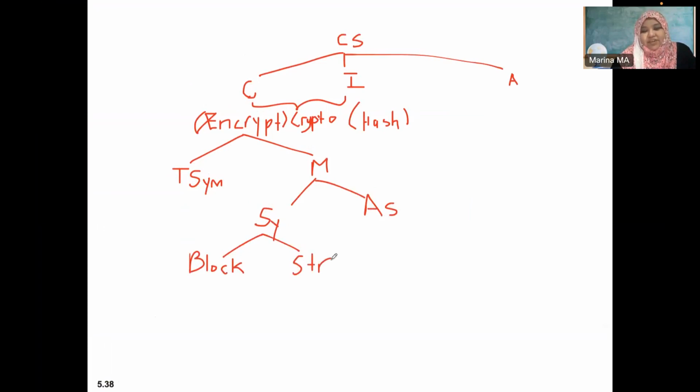Stream cipher has 2 kinds: synchronous, where you learn LFSR, linear feedback shift register, independent of plaintext or ciphertext; or asynchronous, where the key created comes from previous plaintext or ciphertext.